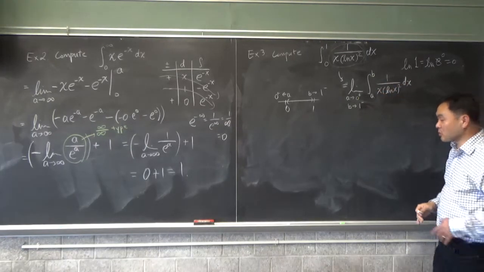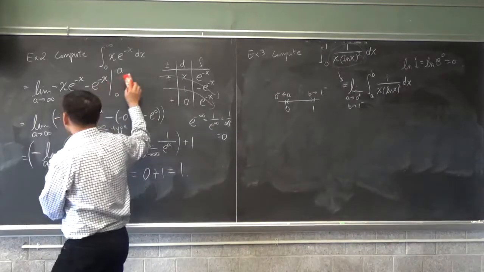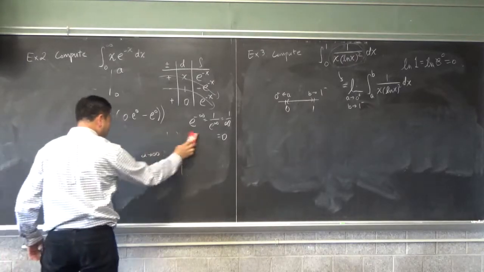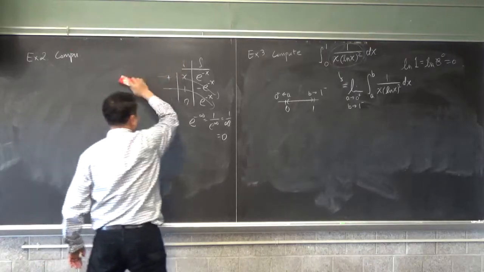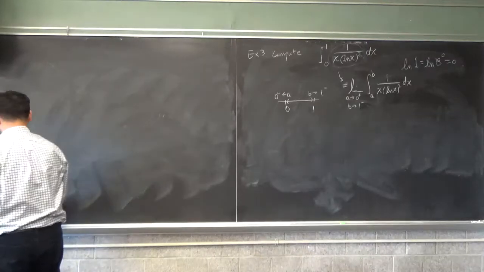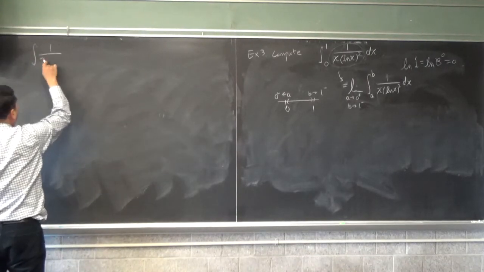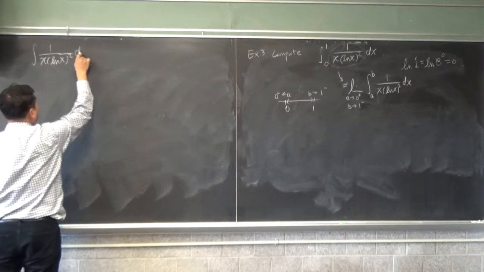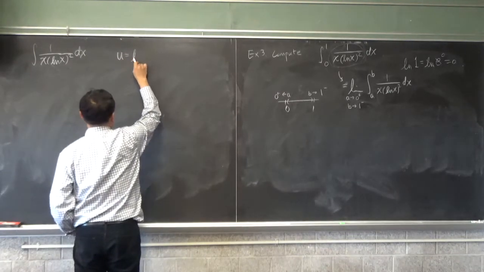But for this one, let me just do the indefinite integral on this side. So we'll just do 1 over x times ln of x squared and see how this can be done by taking u equals ln of x.